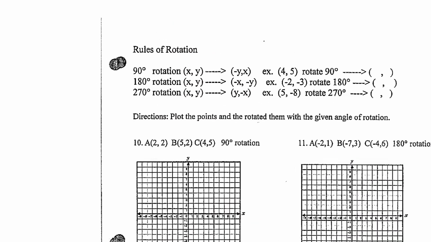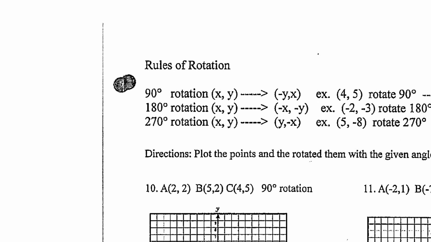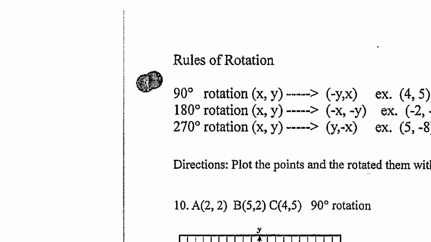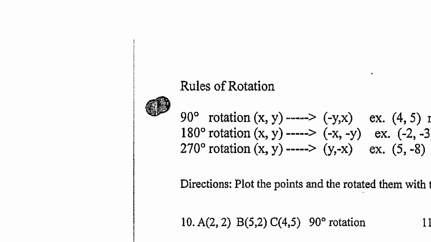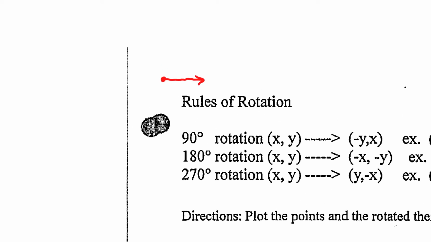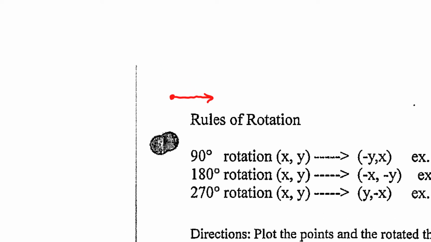Okay, so on the back, we're going to talk about some basic rotations, 90, 180, and 270. So let's say you draw a ray like that, and let's say you rotate it 90 degrees. Which way is that going to be pointing? It's going to be pointing straight up and down, right?